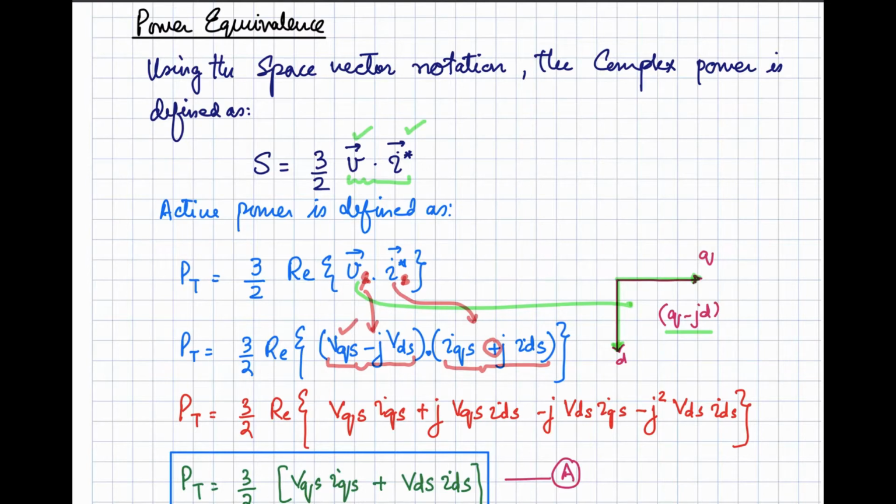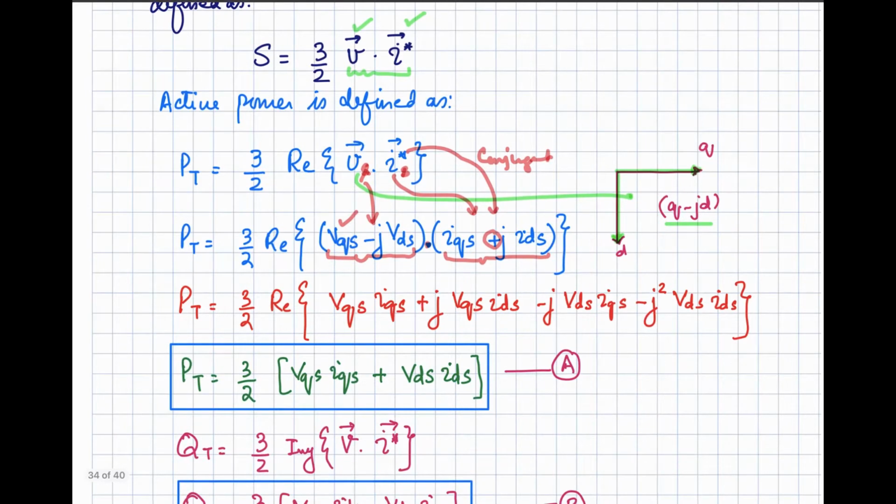Why plus? Because we are supposed to consider the conjugate. So we are going to take the dot product. If we take the dot product, we will get this equation, and finally simplifying, the real part of this will be equal to 3 by 2 into vqs iqs plus vds into ids.